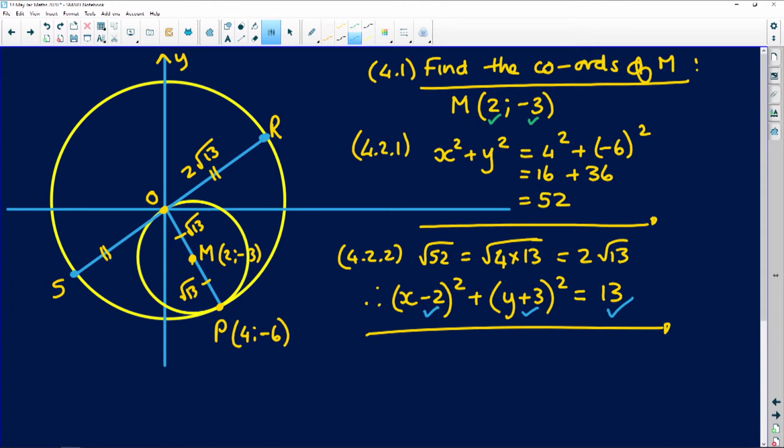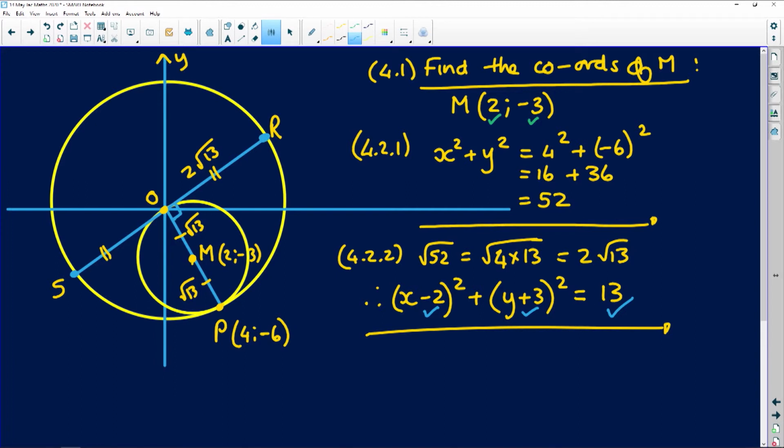Okay, so now we need to find the equation of RS. Let's have a look. To find the equation of RS, I am a little bit worried. The only thing I know here that's going to work for me are that these two here are perpendicular. Why is that the case?